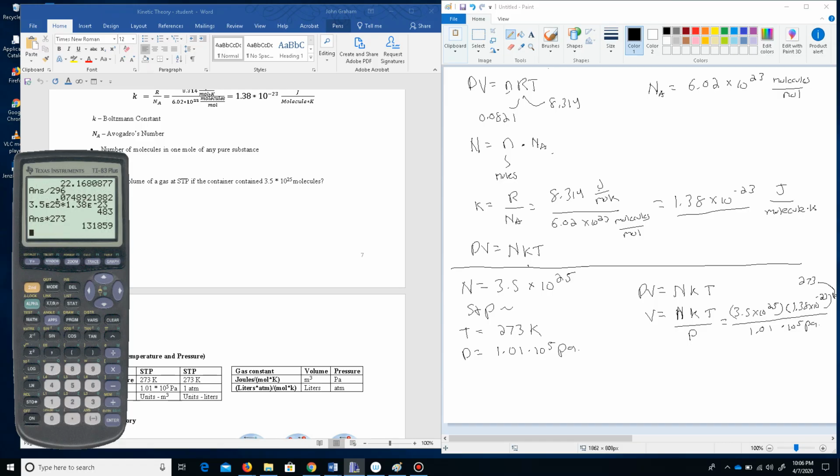Almost forgot that because I had it off to the side. And then divide that by 1.01 times 10 to the 5th. And we get 1.31. And since we're dealing with pascals, we're getting meters cubed.